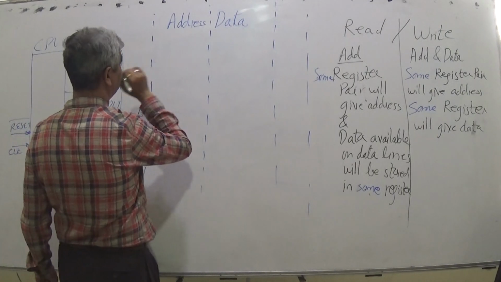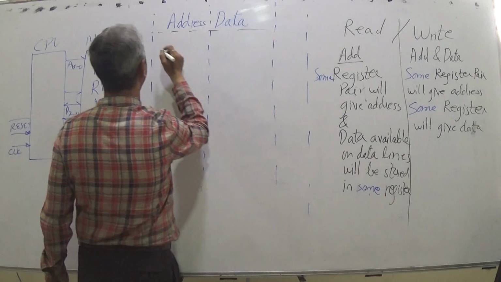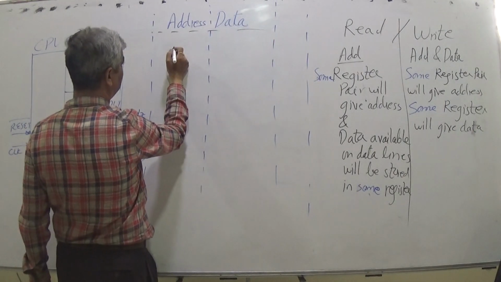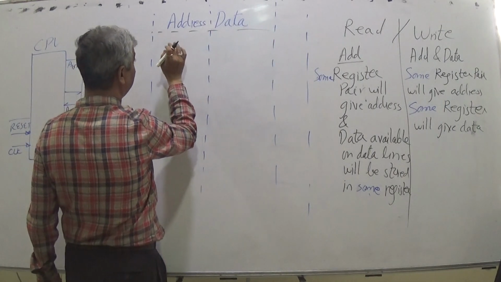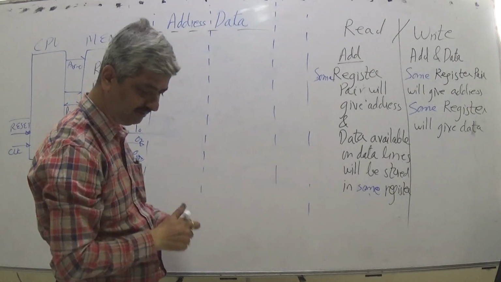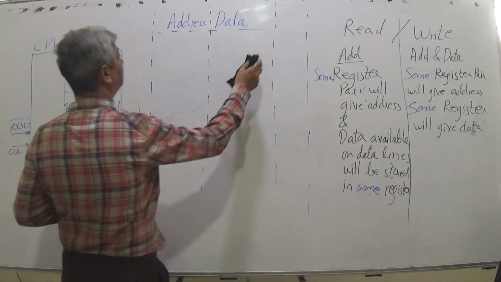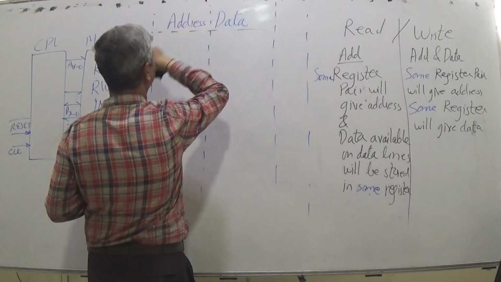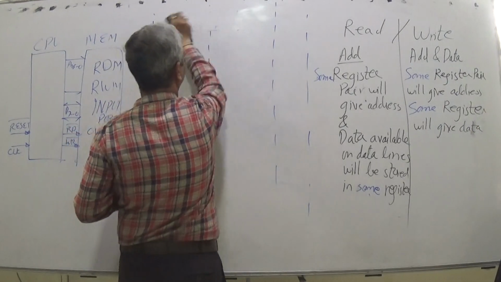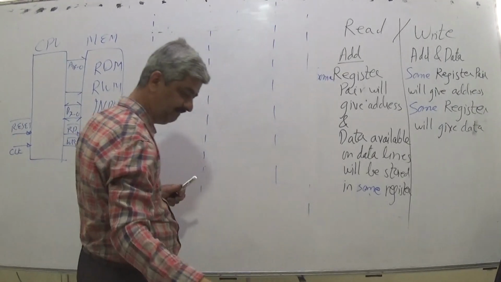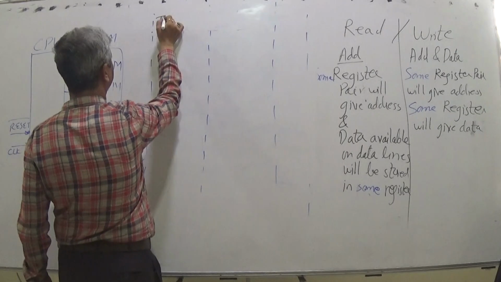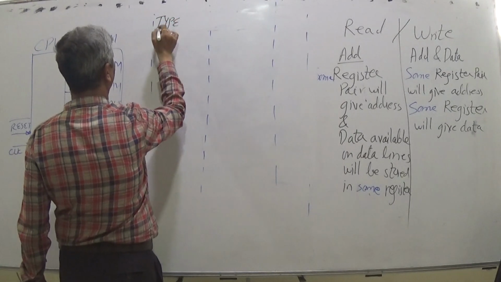Now, when it says address lines, what should we provide? Which register pair gives the address? In case of the type of the cycle, we can write here. First, the type of the cycle, that is read or write.